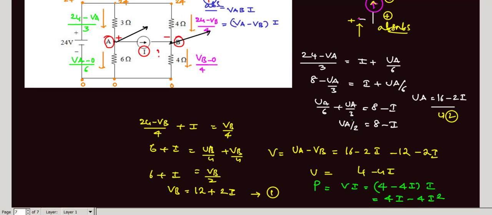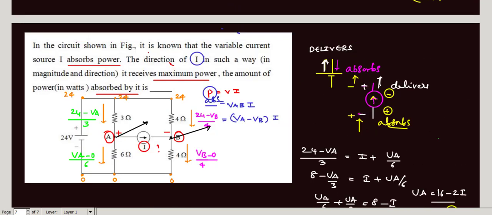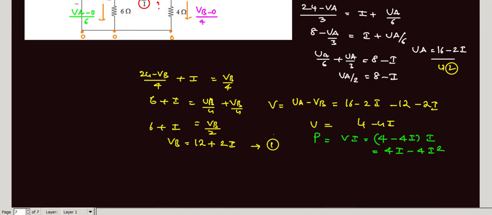But in the question he has given that the direction of I is such that it receives maximum power.